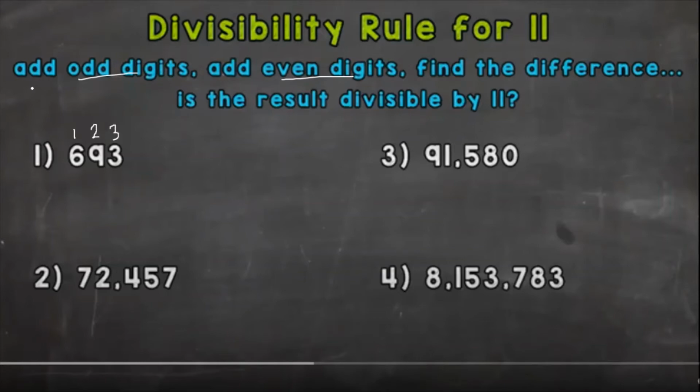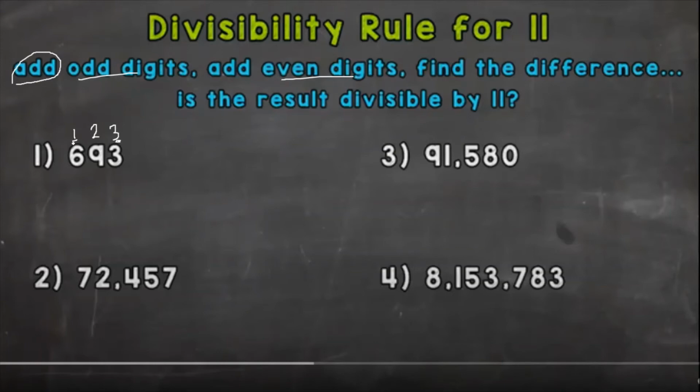So this means we're going to add the digits in the odd positions. We have here the 1st and the 3rd, the 6 and the 3, and the 9 here is the even digit. So we're going to add and find their difference.